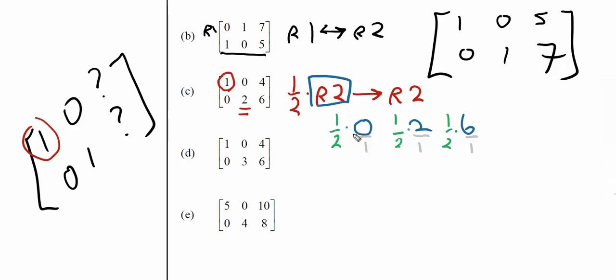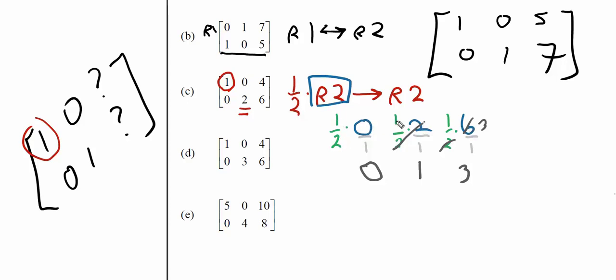Now, people, work with me. 0 times 1/2, that's 0. But over here, the 2's cancel out, and I'm left with a 1 over 1, which is a 1. That's what we wanted. And then over here, I get 6 over 2. Well, that's going to give me a 3. So what I'm proposing to you is this. We took row 2, and I wrote it down again.